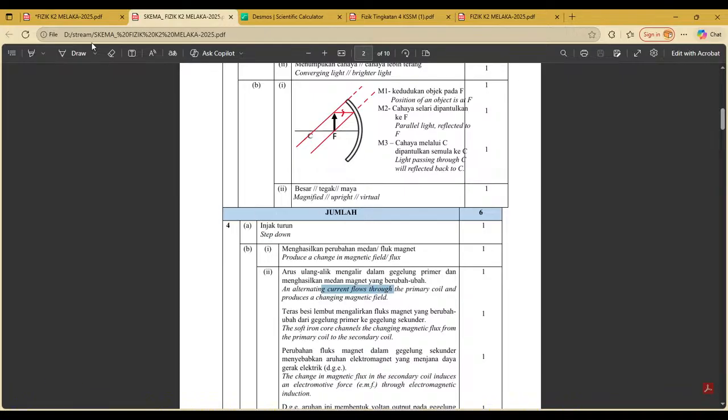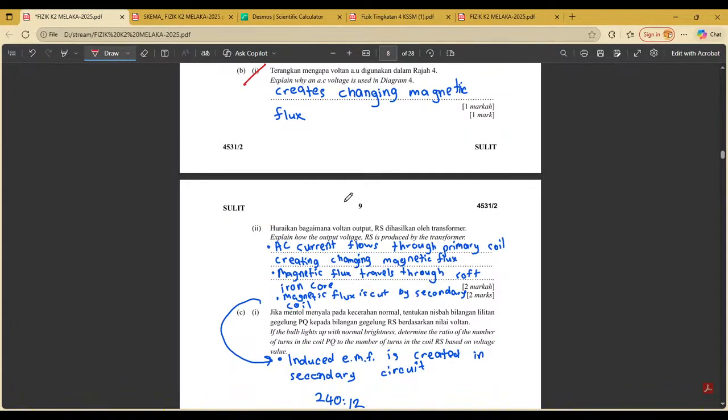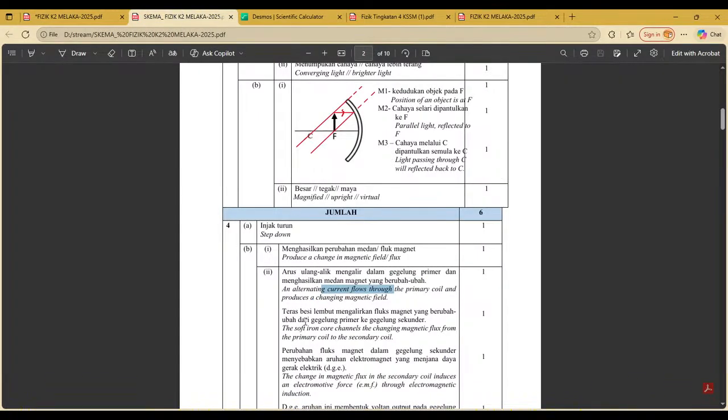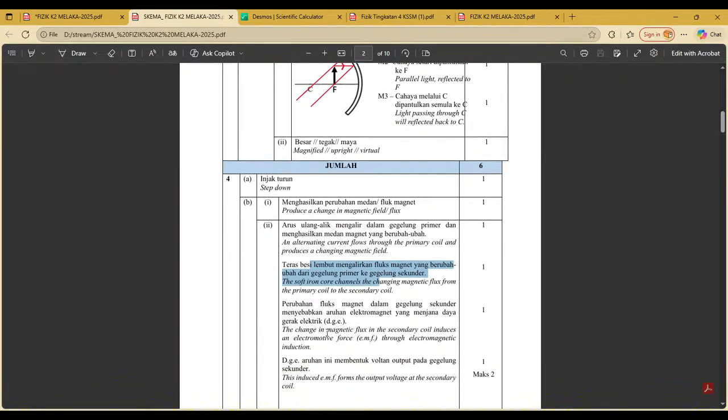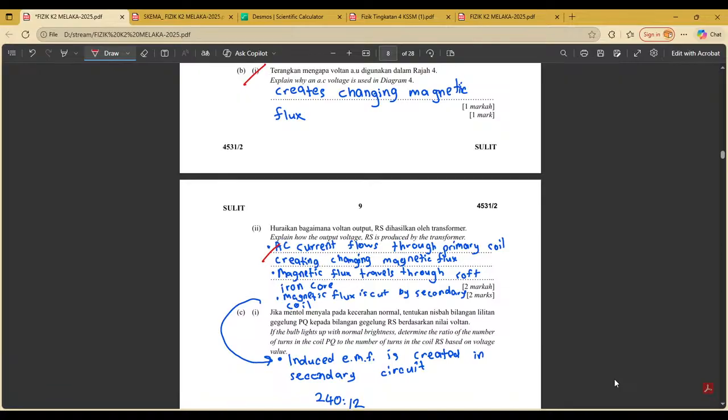AC flows through the primary coil, produces a changing magnetic field, magnetic flux, induces EMF, to interrupt magnetic induction.